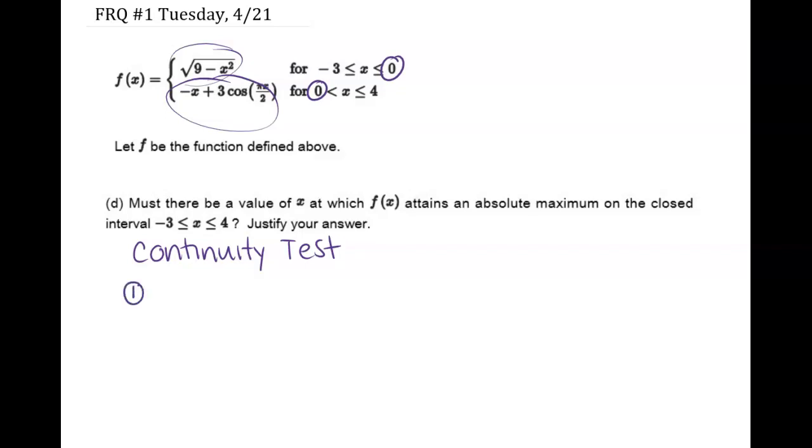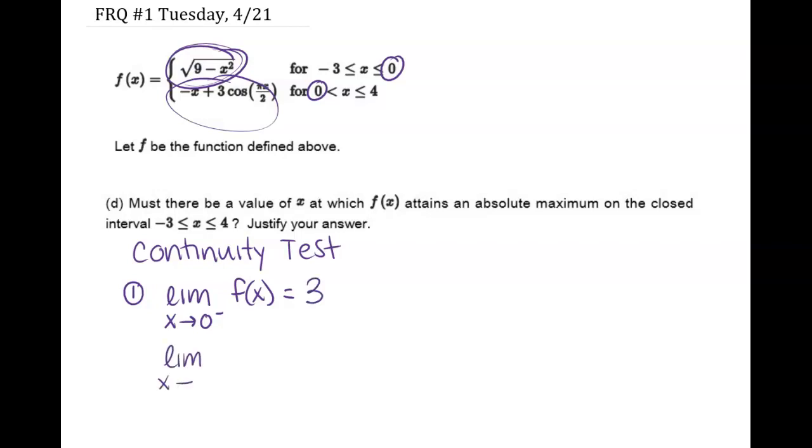So first step, the limit as x goes to 0 from the left of f of x equals, well, let's see, from the left, we'll use this function. From the left, we have the function square root of 9 minus x squared. So we end up with the square root of 9 minus 0 squared, which is the square root of 9, which is 3.